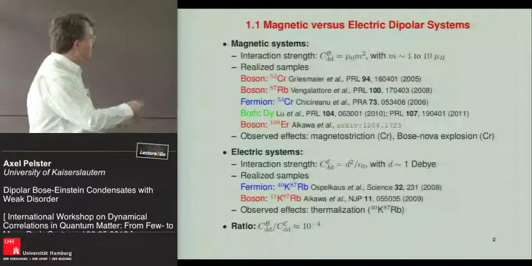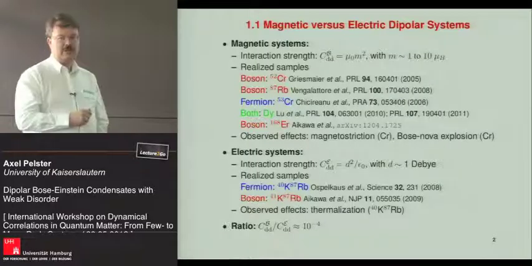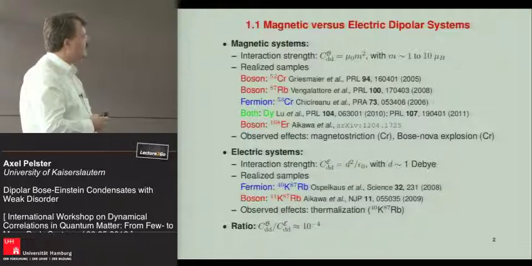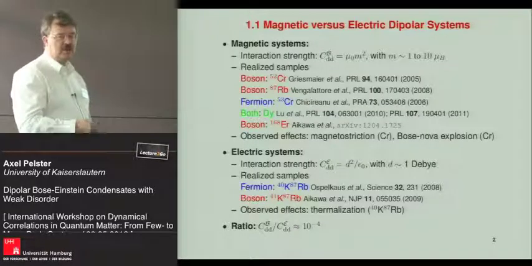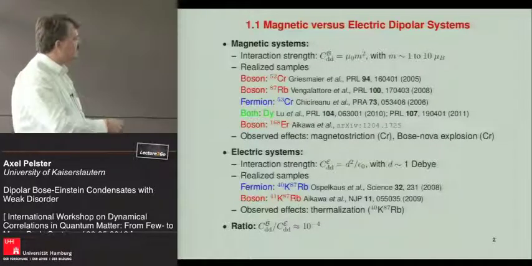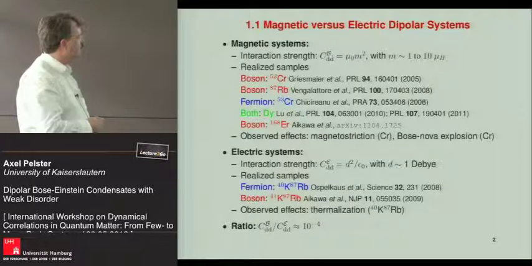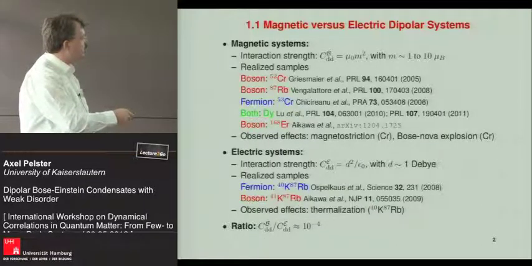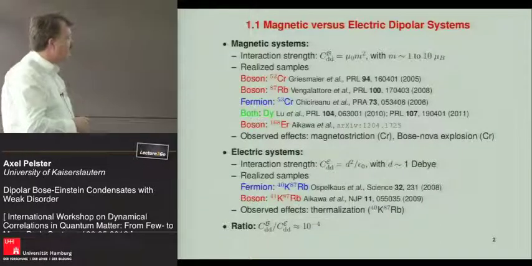Now, if we look for electric dipole-dipole interactions, they occur once one has realized heteronuclear molecules in the rovibrational ground state. This was achieved in 2008. There, the strength is proportional to the square of the electric dipole moment, which is measured in units of the Debye.